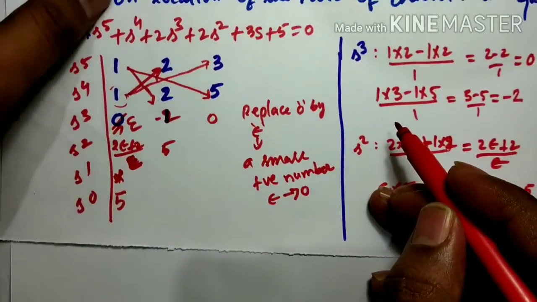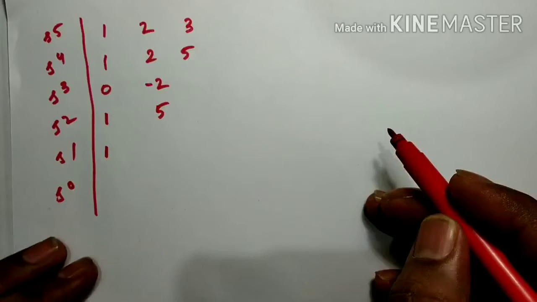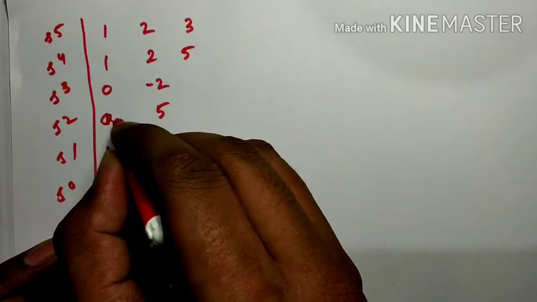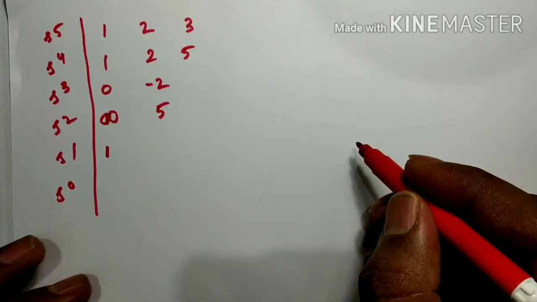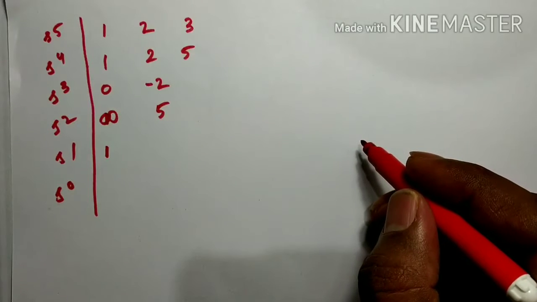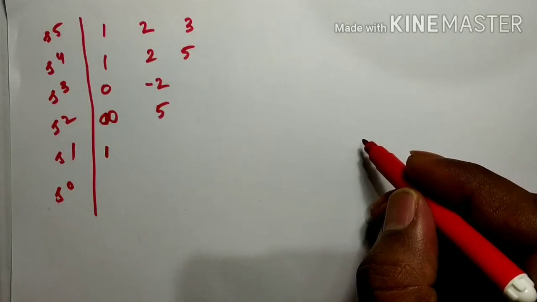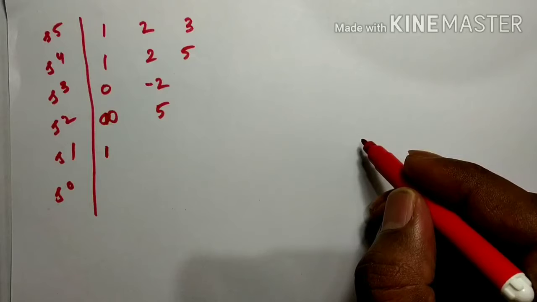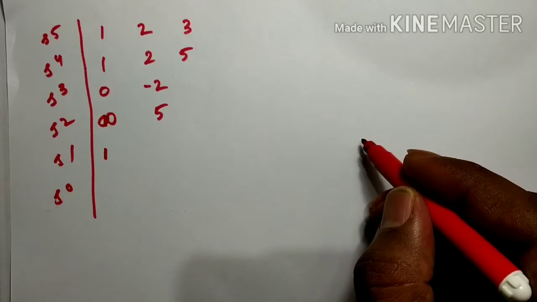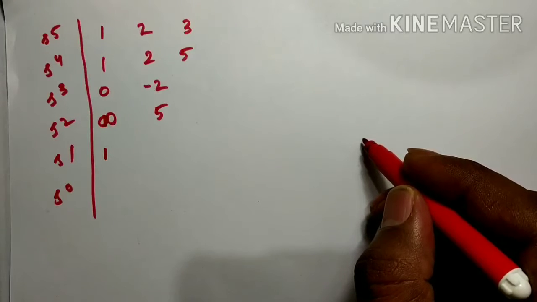So here it should be infinity, infinity, infinity. The next one is minus of 5 epsilon square plus 4 epsilon plus 4 by 2 epsilon plus 2.